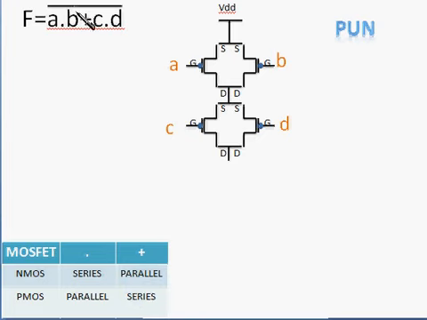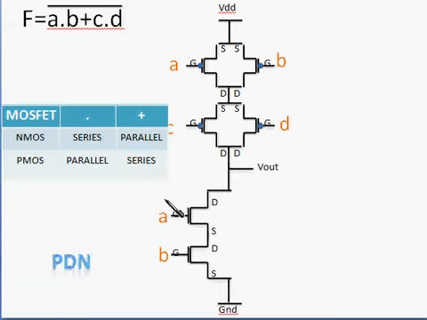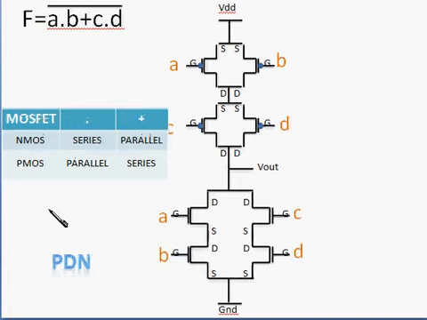Therefore this series connection comes parallel with the series connection of C dot D. Now look at the next diagram: A dot B in parallel with C dot D, therefore C and D come in series, and this is parallel with A dot B.